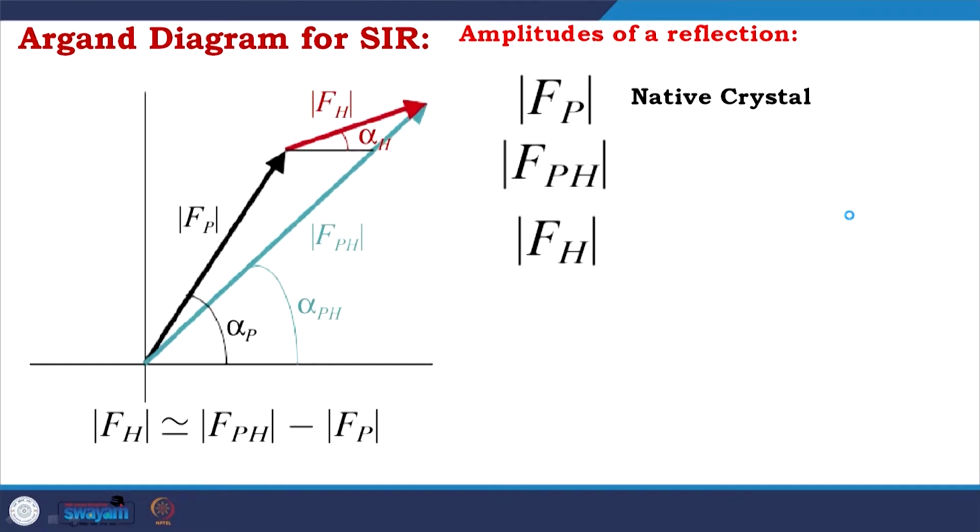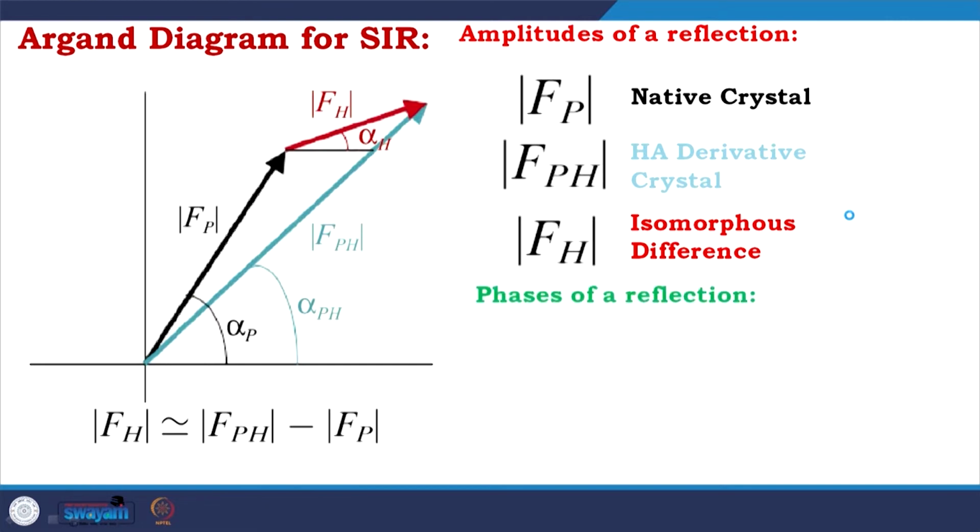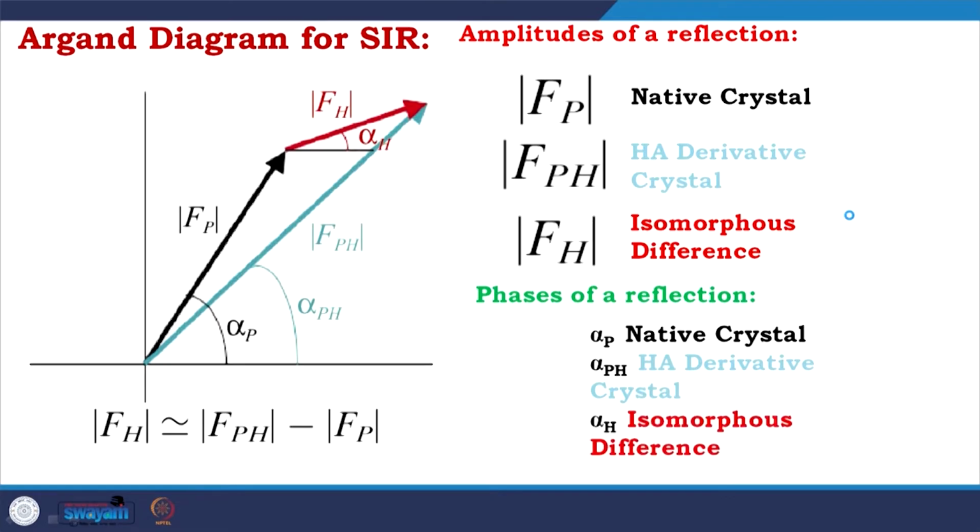So, Fp is the native protein crystal, Fph is the heavy atom derivative crystal, and Fh is the isomorphous difference, the difference between the heavy atom derivative crystal and the native crystal. Similarly, the phases: alpha p comes from the native crystal, alpha ph from the heavy atom derivative crystal, and alpha h from the isomorphous difference.